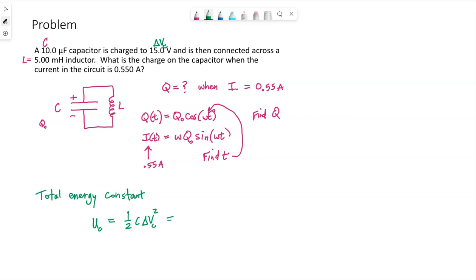Since I'm asked to find the charge on the capacitor when the current is 0.55 amps, that means we're looking at a later moment in time when there's some energy on the capacitor.